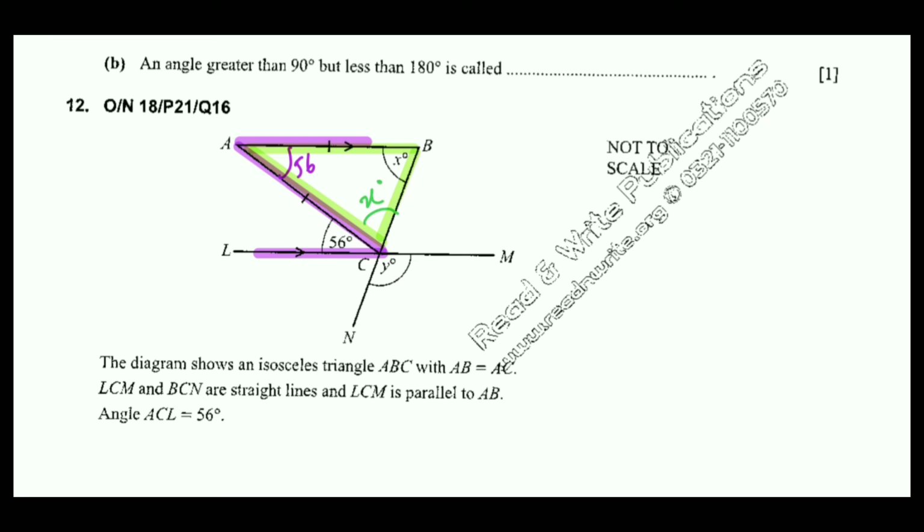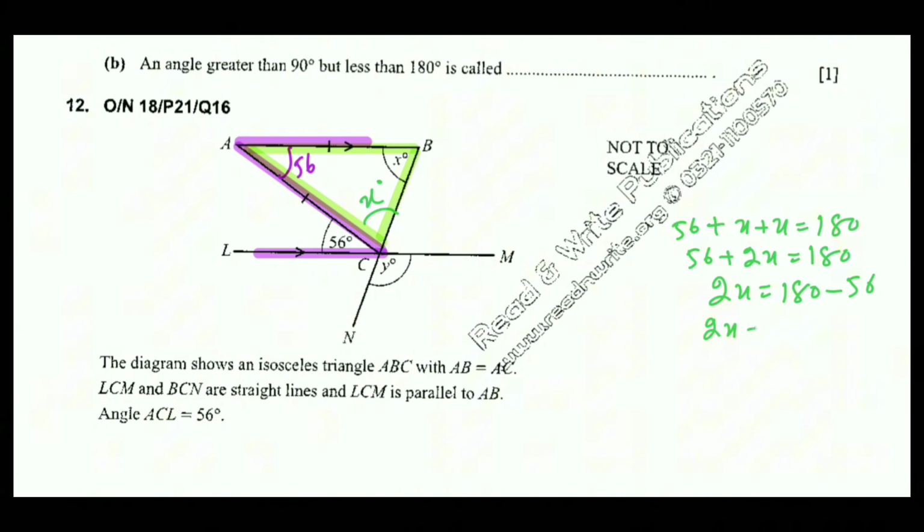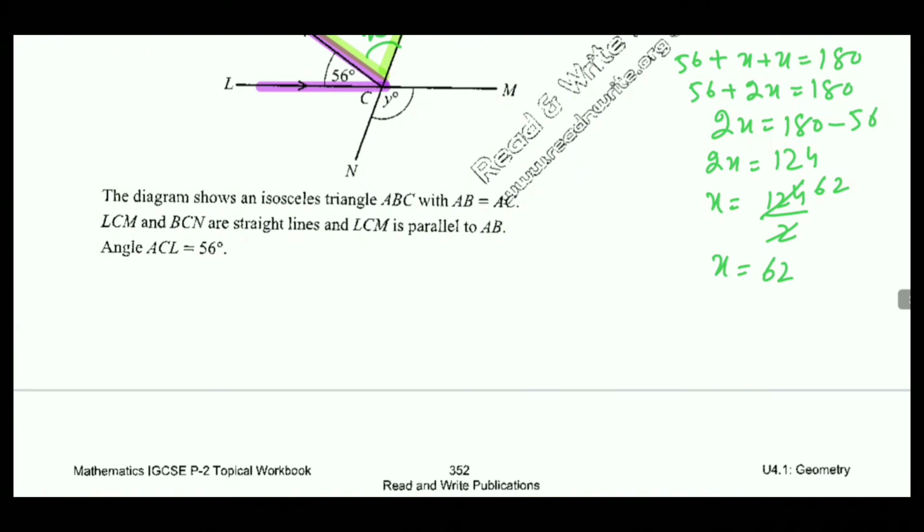So how will we solve it? 56 plus 2x is equal to 180. 2x is equal to 180 minus 56. 2x is equal to 124 and x is equal to 124 by 2. 2 6s are 12, 2 2s are 4, x is equal to 62. So it means x is 62.